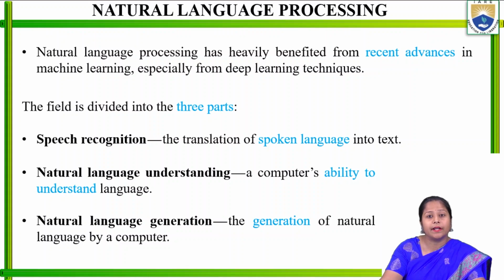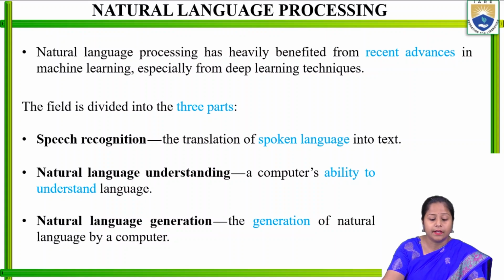The field is divided into three parts. The first part is speech recognition. In speech recognition, spoken human language is translated into text. So that is the first field into which natural language processing is divided.